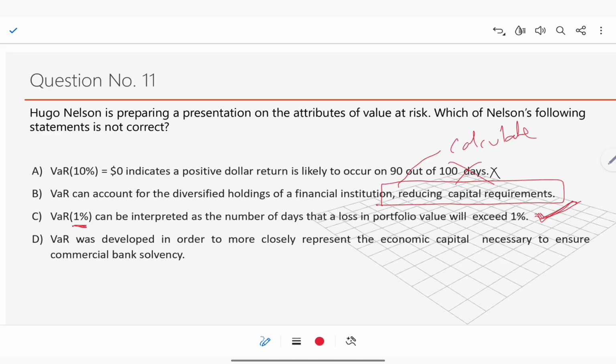So a 1% value at risk means the number of days a portfolio loss will exceed that value. Still, we'll go to the next option. VAR was developed to more closely represent the economic capital necessary to ensure commercial bank solvency. So that was not for the solvency part, so we'll go with the third answer.